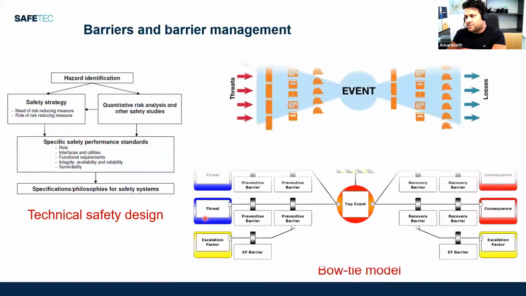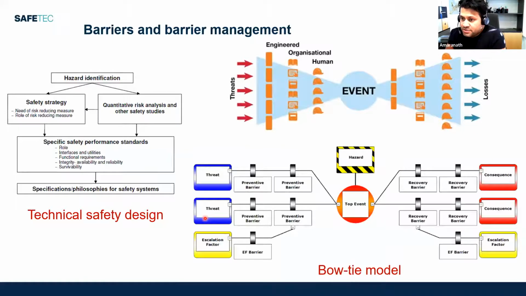Barrier management is important, and you need to use the risk calculations and the safety strategy to define the performance standards for the different barriers that you have. For example, you need to have functional requirements for gas detectors and fire detectors, and you have to have reliability.